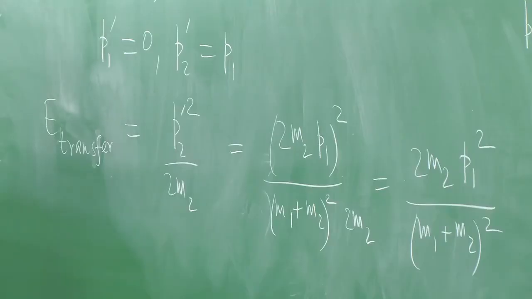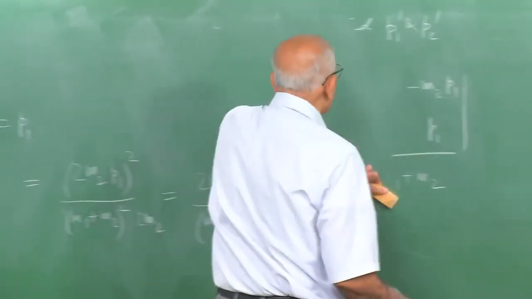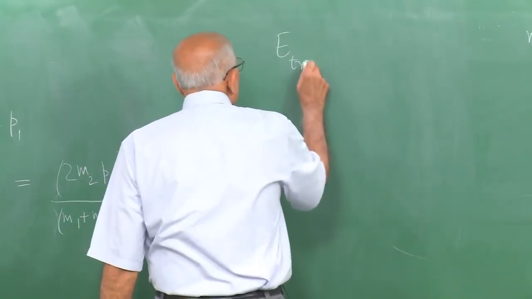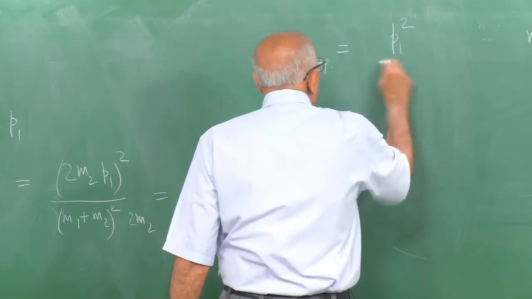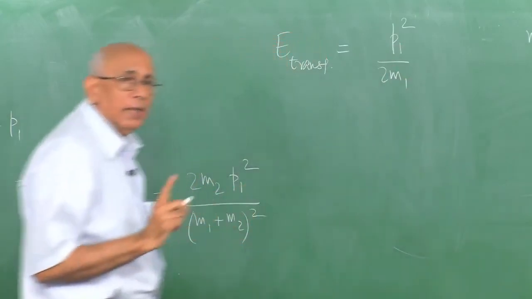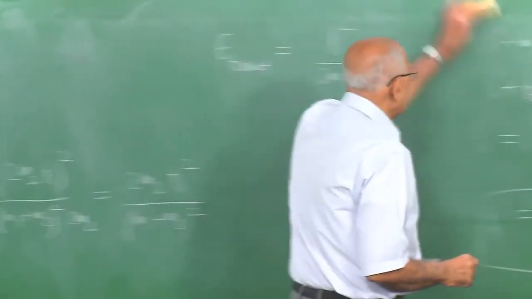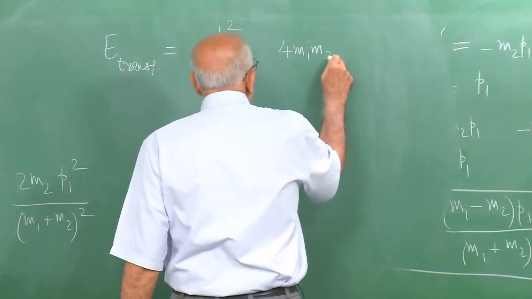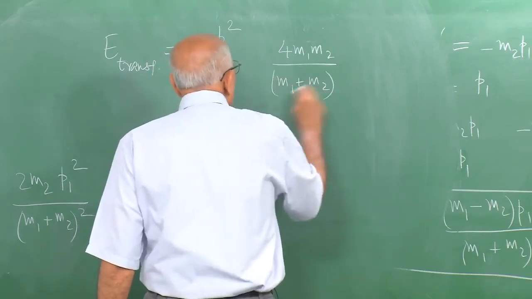Now what we'd like to do is compare it with the initial kinetic energy, which is of course p1 squared over 2m1. So let me write this relation in the following way. E transferred is equal to p1 squared over 2m1, that's the initial kinetic energy. So I divide by 2m1 and multiply through by it, and then you get times 4 m1 m2 divided by m1 plus m2 the whole squared.